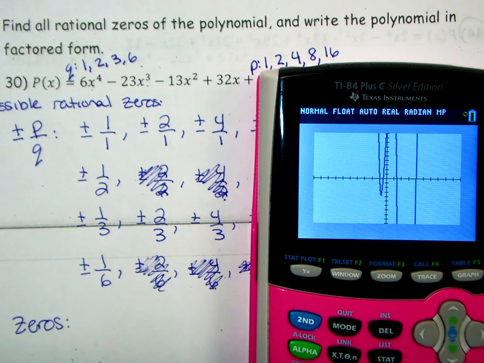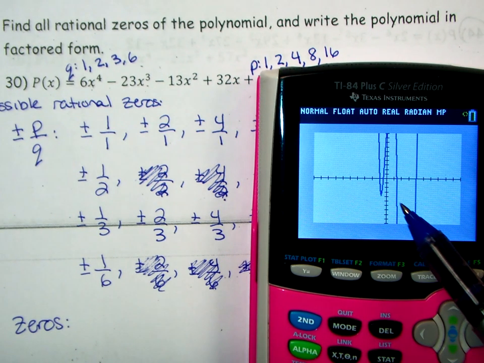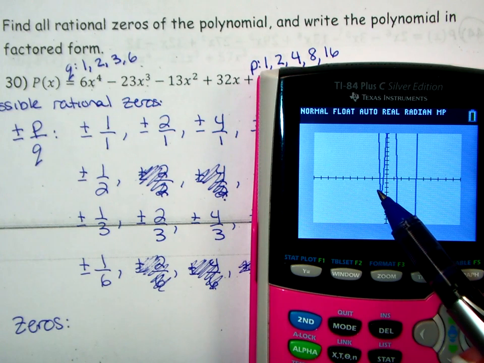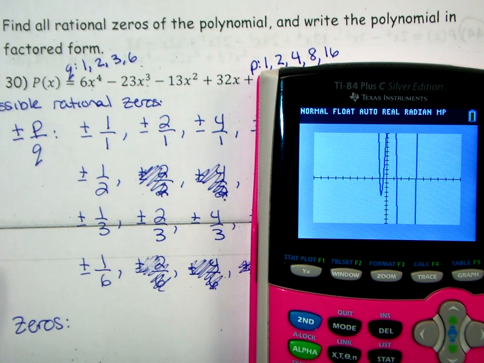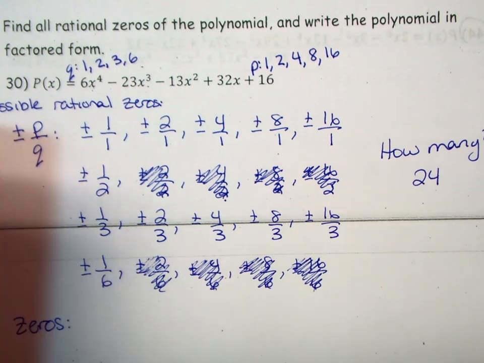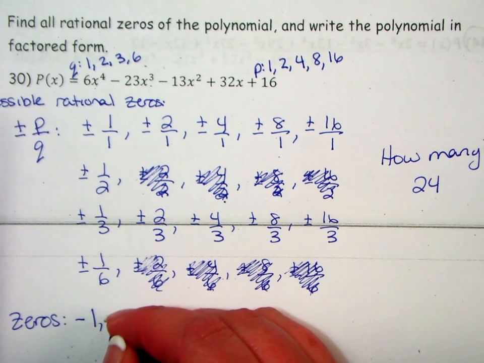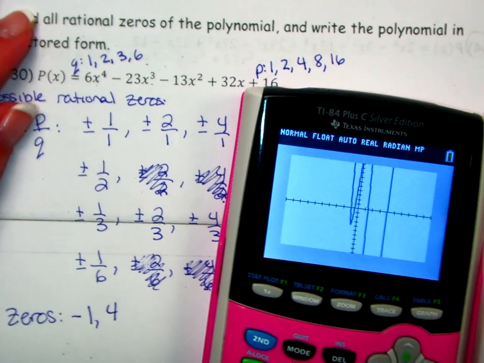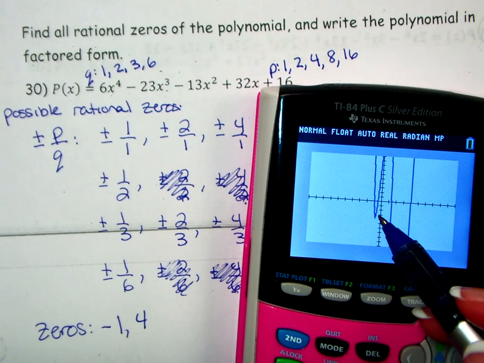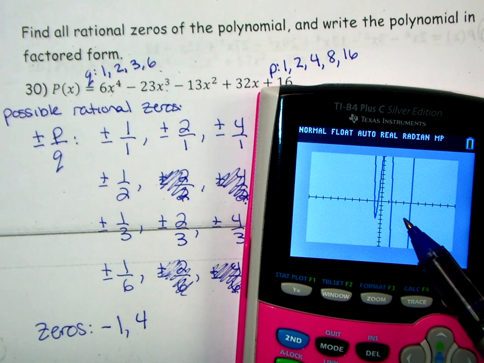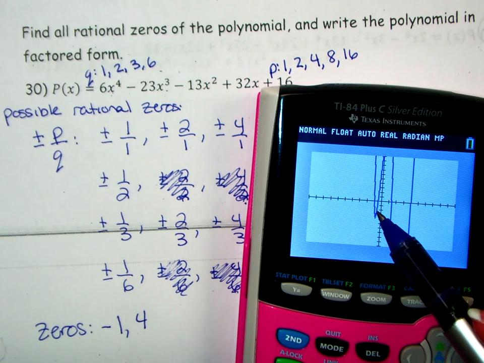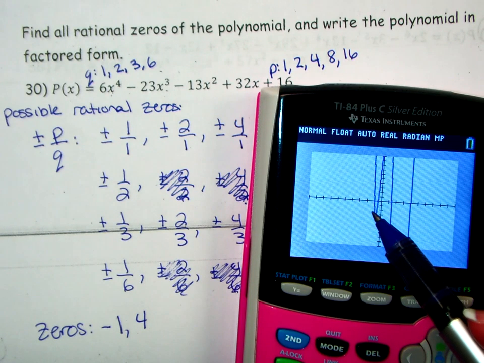Of the whole numbers, it looked like -1 and 4. 1, 2, 3, 4. -1 and 4. And then we get these little fraction ones. So that one could possibly be -1/2 because it looks like it's halfway in between there.